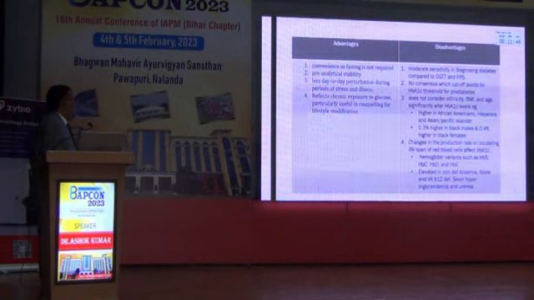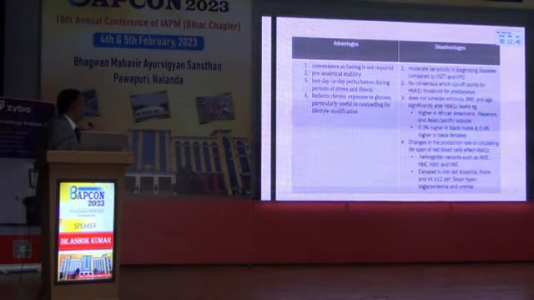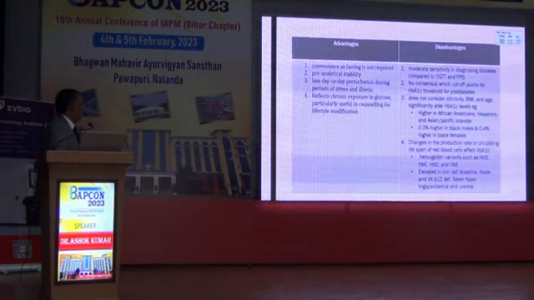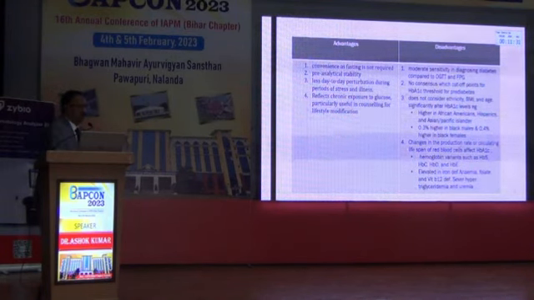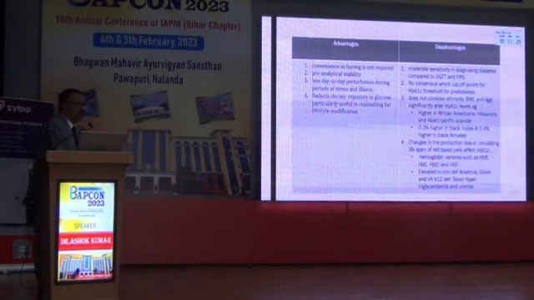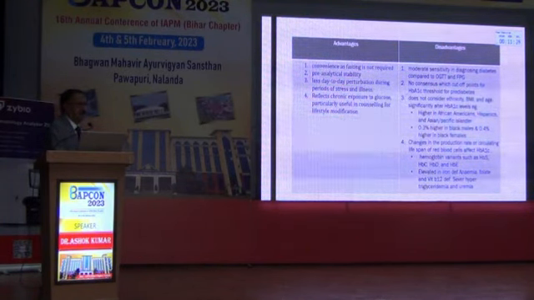HbA1c levels are significantly altered, higher in African Americans, Hispanics, Asians and Pacific Islanders. HbA1c level is 0.3% higher in black males and 0.4% higher in black women in comparison to white.